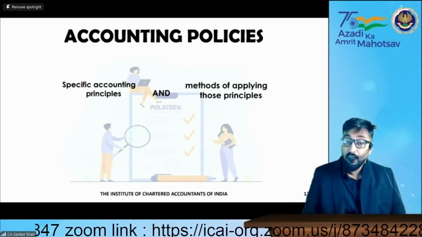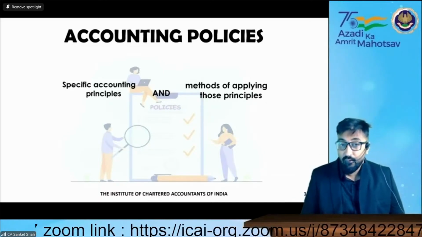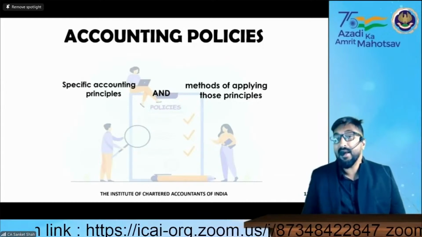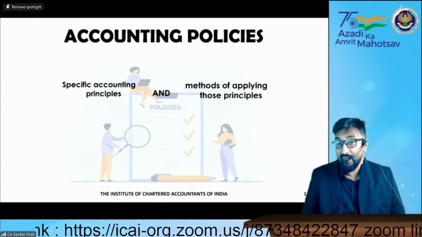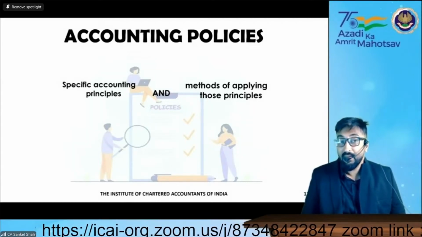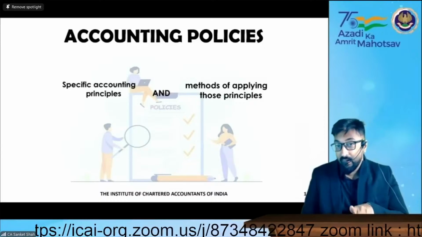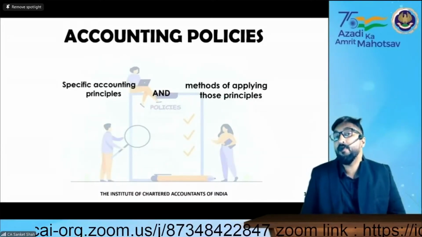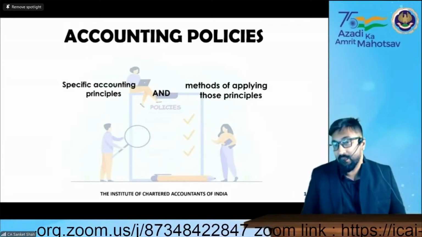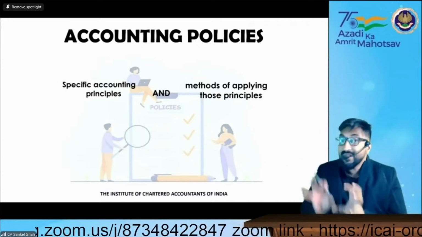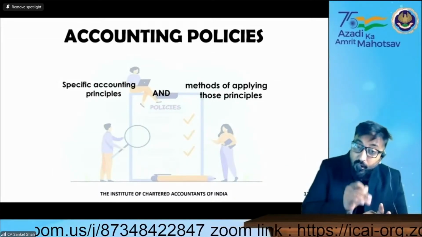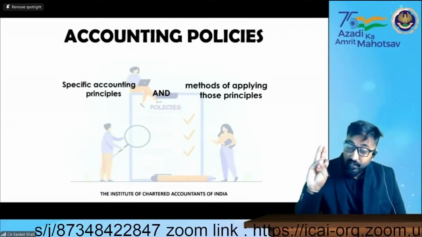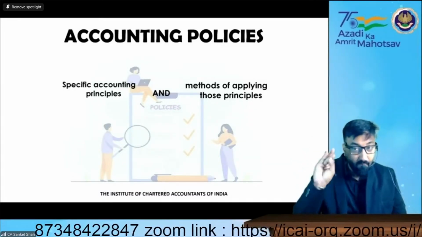It's like Abhimanyu: he knew how to break into the chakravyuh, but did not know how to come out. Similarly, you are aware of principles, but you have to understand that applying the principles is also important. So selection and application, both are important.